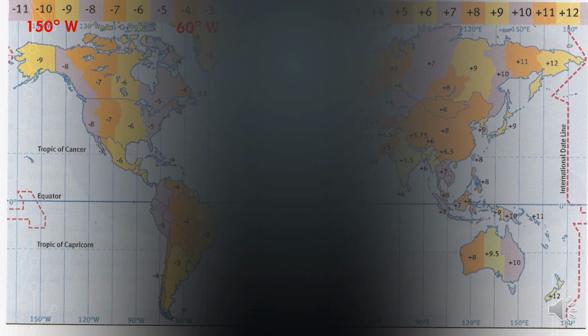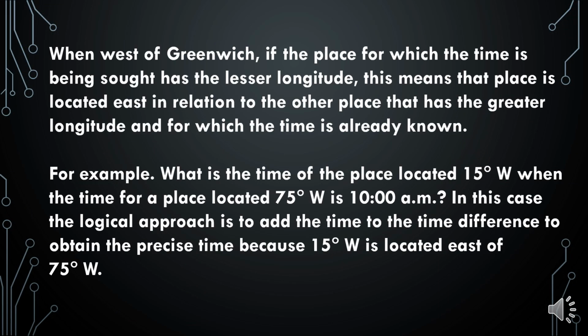When west of Greenwich, if the place for which the time is being sought has the lesser longitude, this means that that place is located east in relation to the other place that has the greater longitude and for which the time is already known.